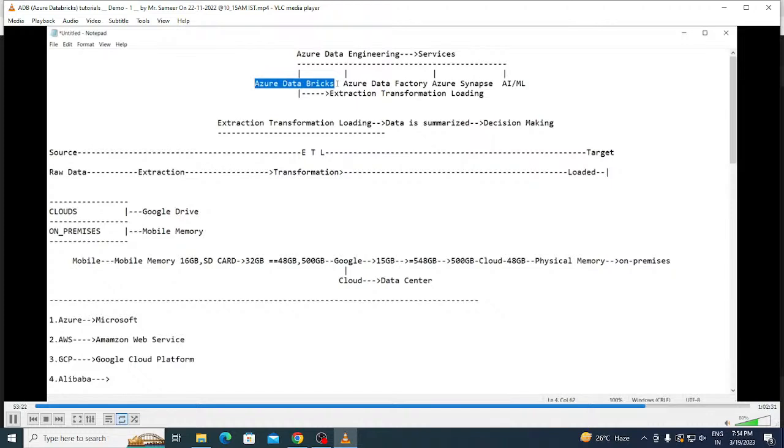These are the 4 languages used in Azure Databricks. Whereas Azure Data Factory is totally menu driven. Both perform the same job, but one is menu driven and the other is code based. So that's it about this.